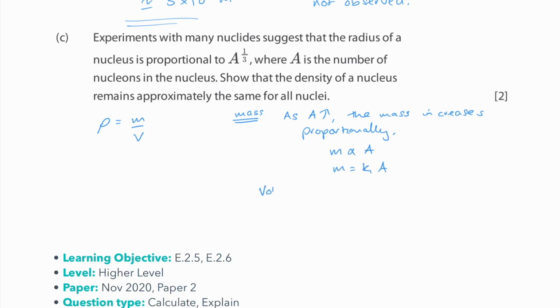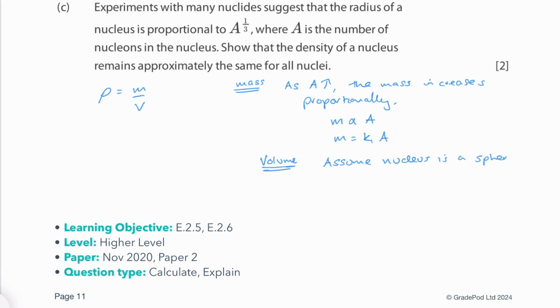Let's look at volume. Assume the nucleus is a sphere, and the volume of a sphere is 4 over 3 pi r cubed. We're told in the question, we also know that r is equal to r naught A to the power of a third. So V is equal to 4 over 3 pi (r naught A to the power of a third) cubed. That brings us out to 4 over 3 pi r naught cubed A, and this is all a constant.